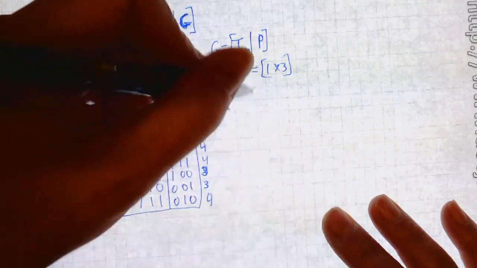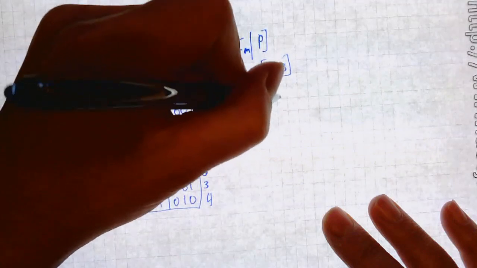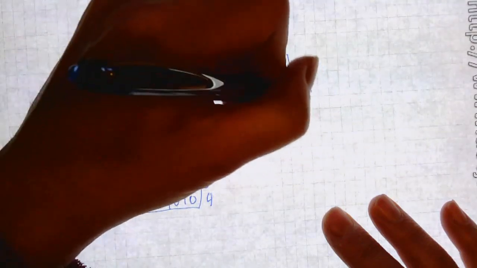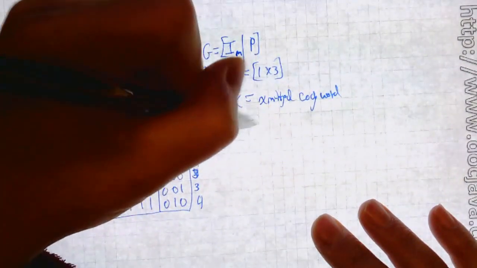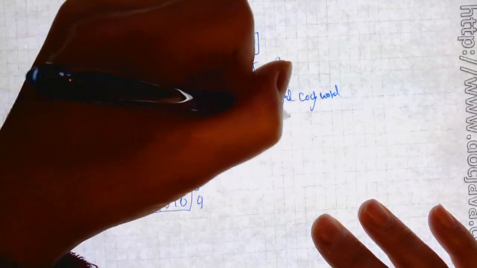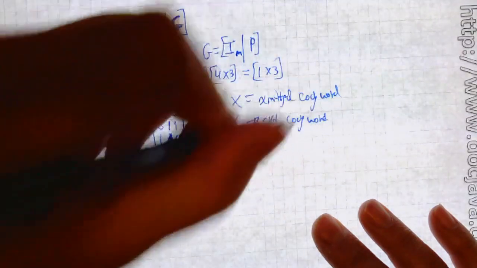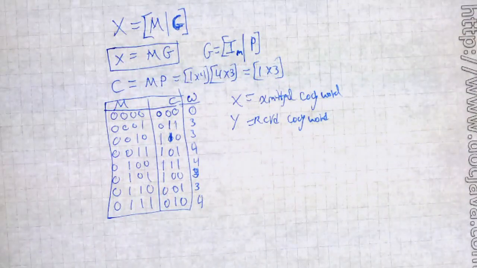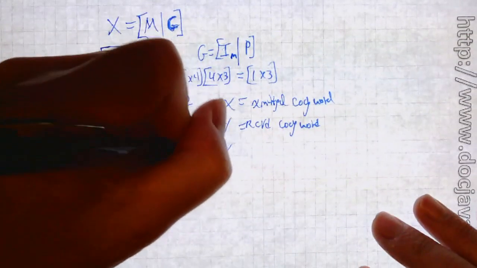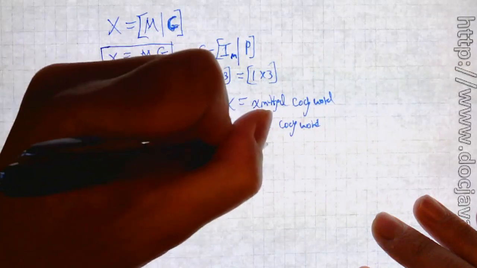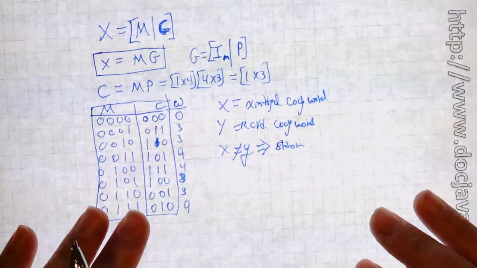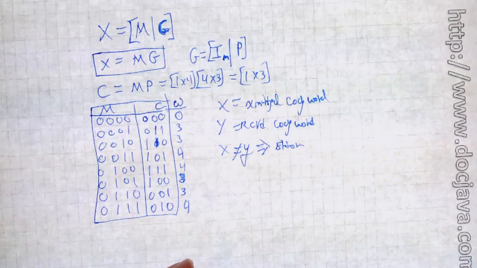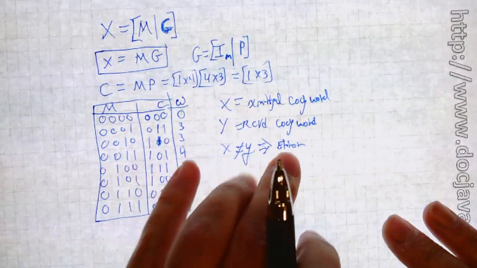So we'll get a transmitted code word X, and we're going to get a received code word Y. And it turns out that if you've got an error, X does not equal Y. Now, if X is not equal to Y, we know that's an error.